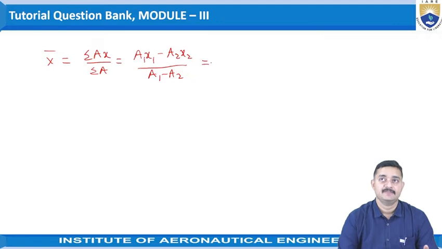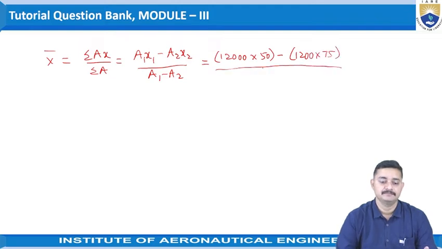When you substitute the values, we will obtain it as 12,000 into 50 minus 1200 into 75 by 12,000 minus 1200. So the value would be 510000 by 10800. So X bar is 47.22 mm.